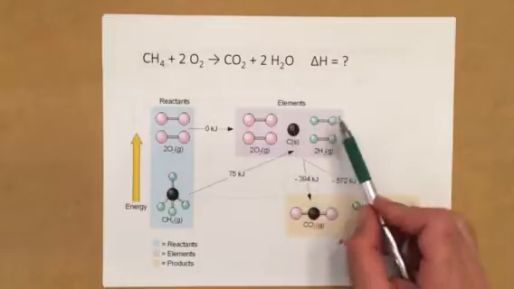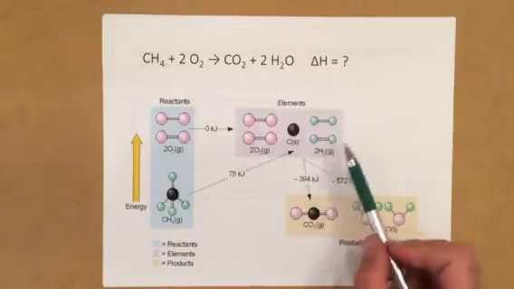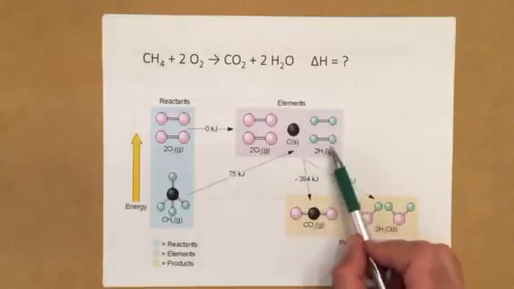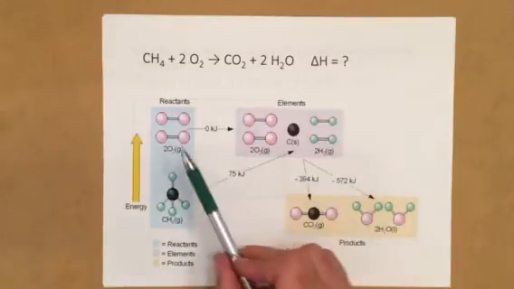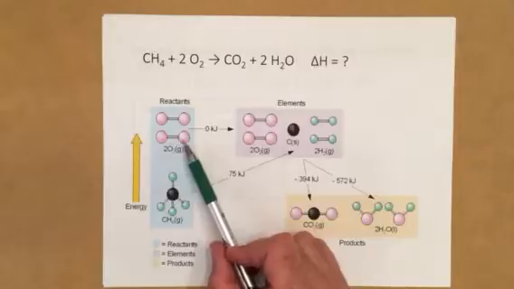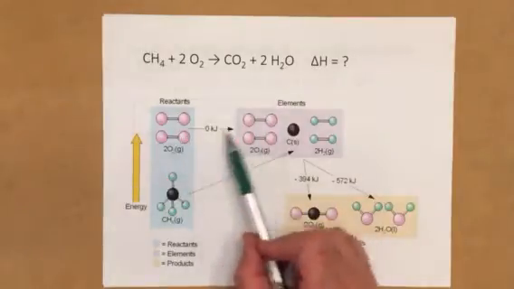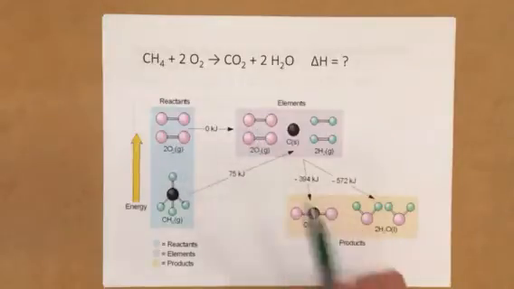So that's carbon and hydrogen. The standard state for hydrogen is diatomic, so it's talking about forming H2 molecules. For oxygen, oxygen's already an element in its standard state, so it really doesn't have an enthalpy of formation.